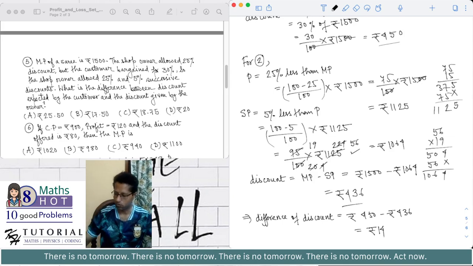And I will do a little bit of cheating here. Let's see what is the value of 1125 multiplied by 95 divided by 100. It is 1068.75. Really?